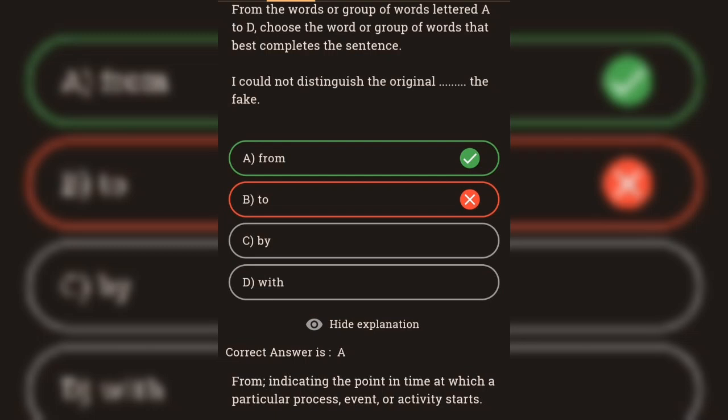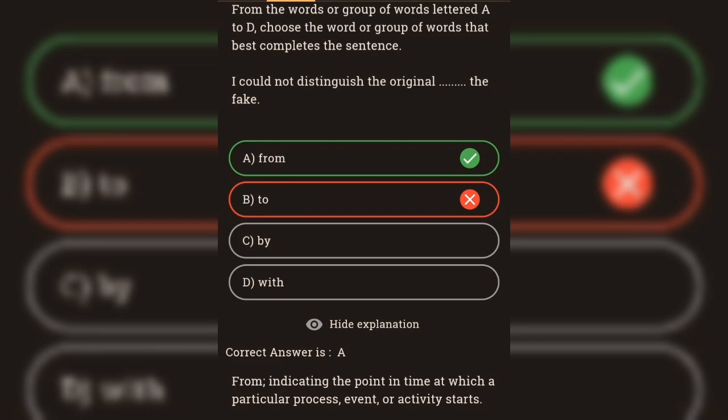When you're talking about distinguishing, differentiating, discerning, you use the preposition from. It's a preposition of movement. From is indicating the point in time at which a particular process, event, or activity starts.